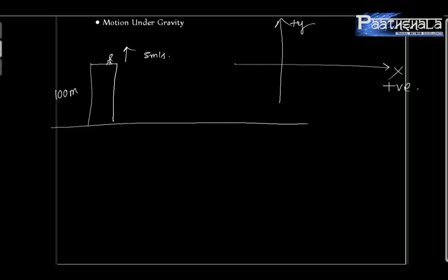This is motion under gravity, right? Naturally, the acceleration due to gravity is g. Third equation? No, second one, right? Because time has been asked, and the second equation has time. So s is equal to ut plus half at square. Now look here, s is minus 100 because 100 is towards the negative y direction, right?